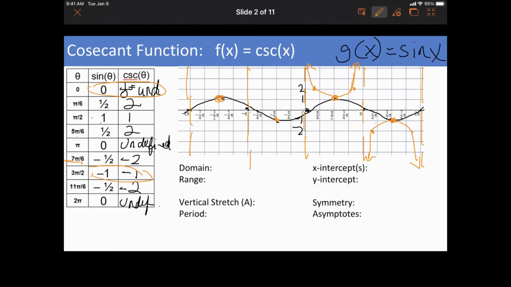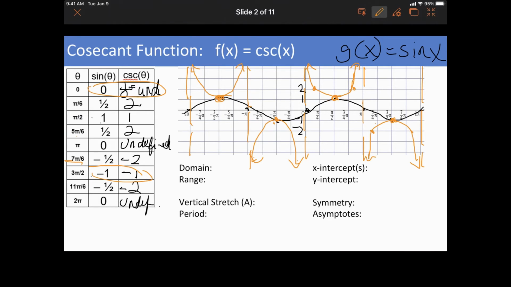So every time here in our valley, it's going to go a downward U. And up a peak for a sine, it is an upward U. So the peaks for the sine graph becomes the minimum of the cosecant for these parts. Okay? And then for here, where the values are, that becomes maximum points for these cute little U's.